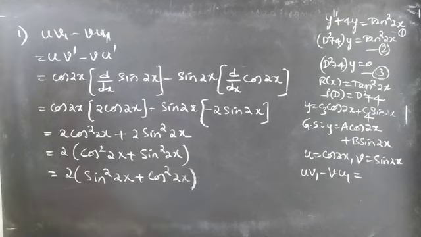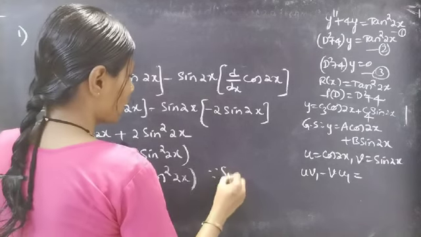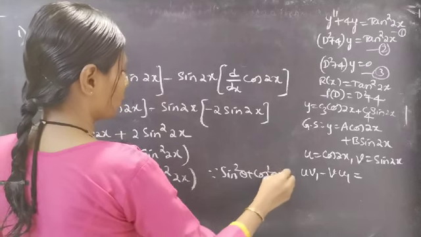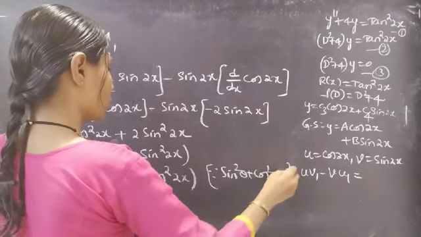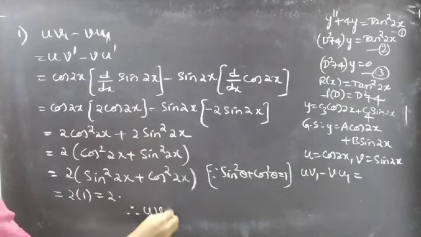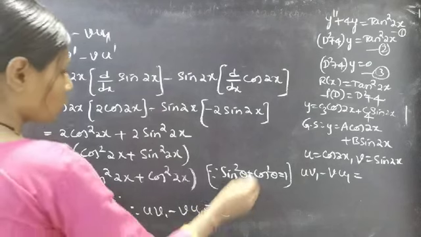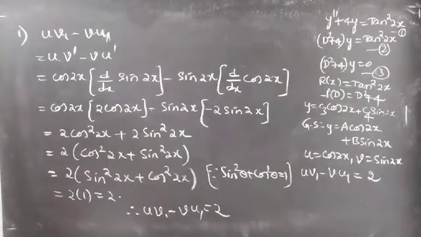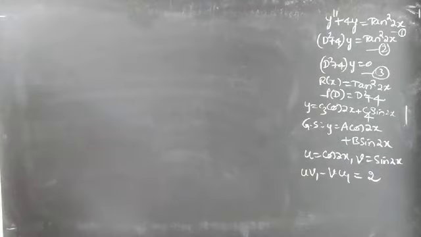Since we know that sin square theta plus cos square theta equal to 1, so we'll replace sin square 2x plus cos square 2x by 1 because it is equals to 1. This is equals to 2. Therefore, uv1 minus vu1 equal to 2. Let's now find a dash and b dash.